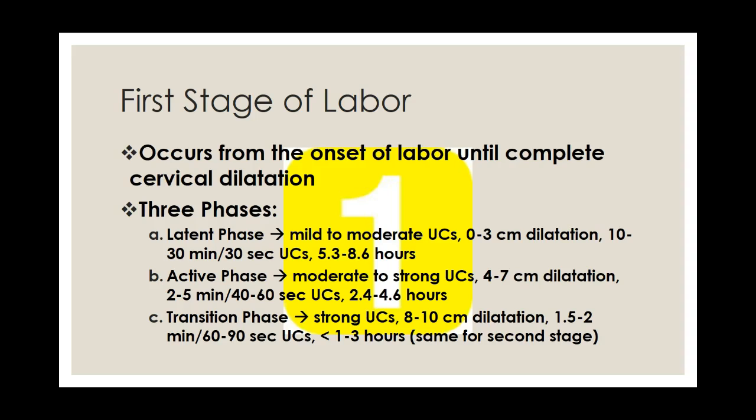And that's very difficult because she's got a lot of pressure, and the only way to relieve that pressure is to push. That's the body's natural response to that pressure you feel in your perineum. But we don't want her to push until she's 10 centimeters dilated. So that's why moms may be very uncomfortable and restless, besides the fact that contractions just hurt.